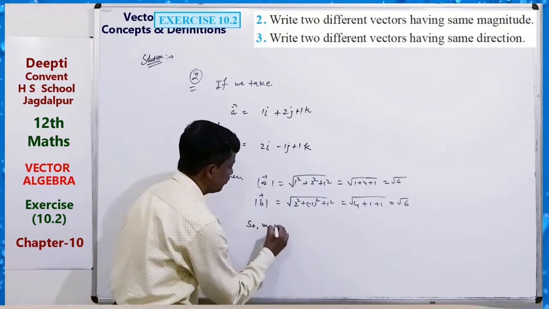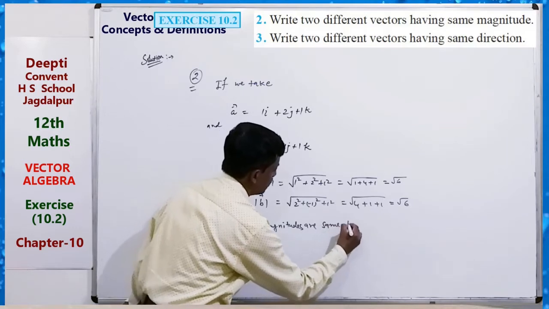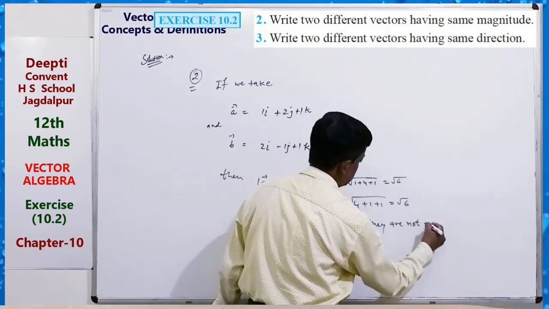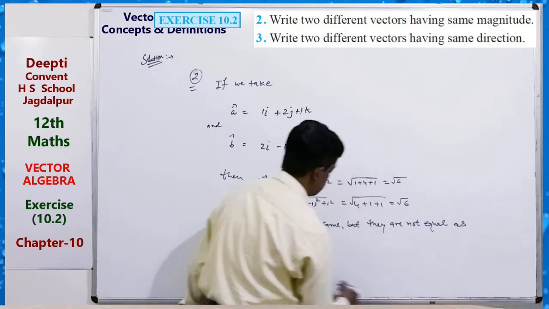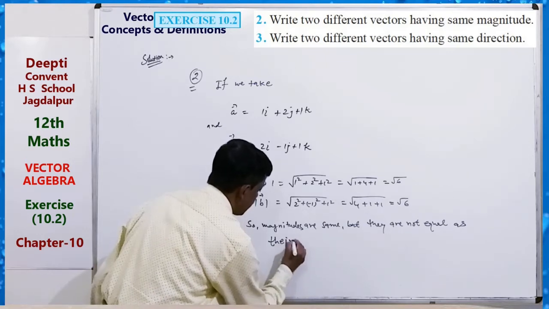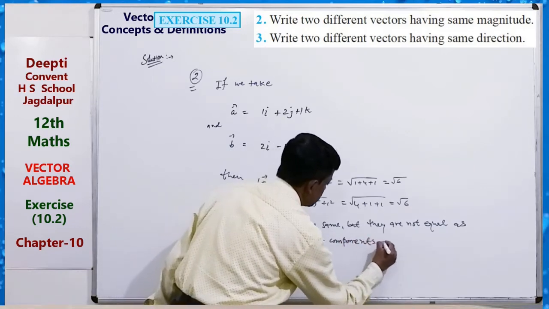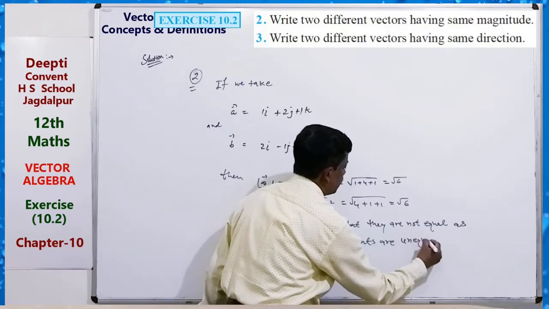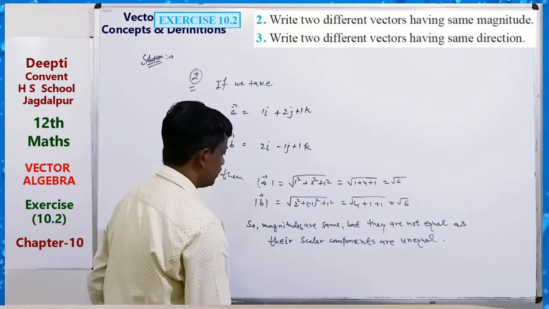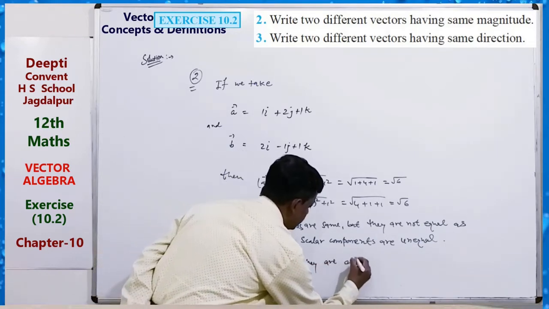So magnitudes are same, but they are not equal as their scalar components are unequal. That is, they are different.